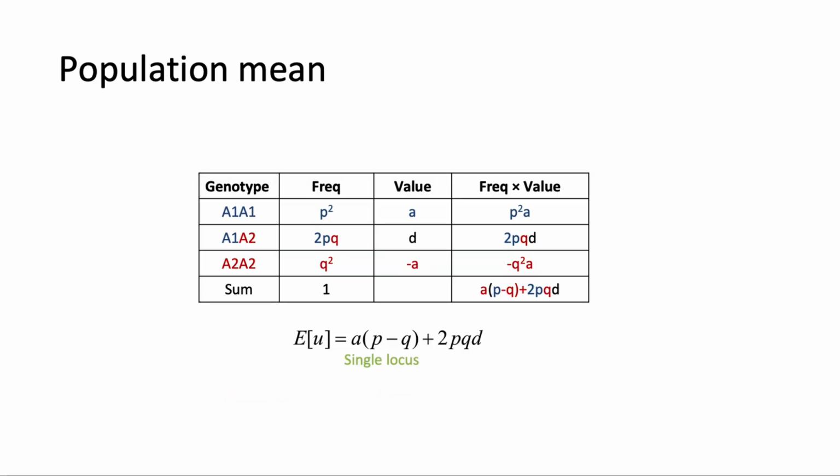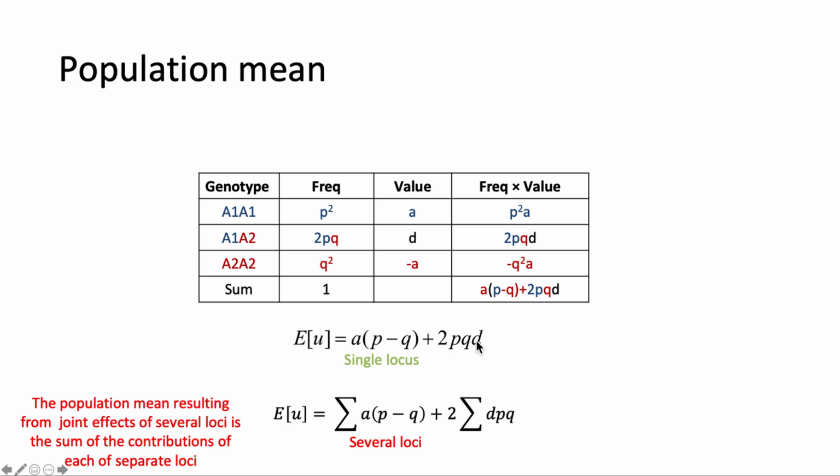And as I mentioned, this is a single locus model, where the expected mean of the population is equal to the additive effect times the difference between P and Q, plus the heterozygous frequency and the dominance deviation.